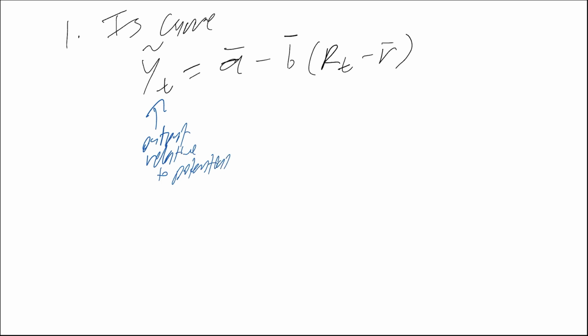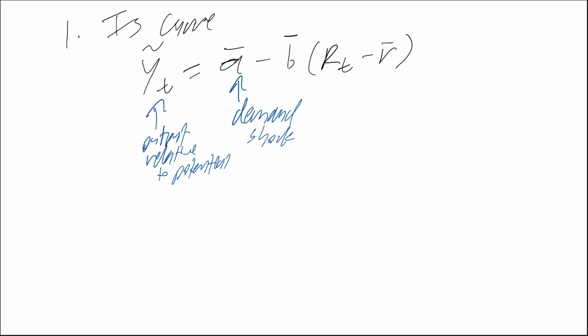So this would be 0 if output equals potential output. And then this would tell us in percentage terms how much higher or lower we are than potential. This a bar is going to be a demand shock if for whatever reason people decide to buy more or less in the economy. So this would equal 0 if we're in our long run equilibrium or our steady state.